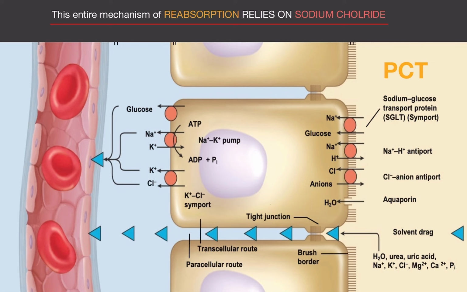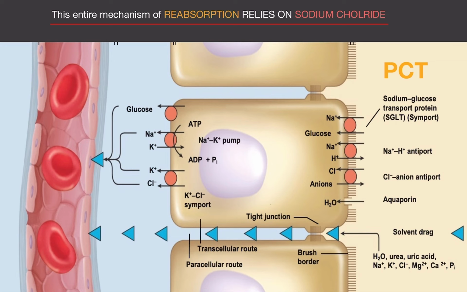Now, this looks very complicated, I know, but trust me, it's actually really easy. But what they do is basically break it down into steps. Now, the one thing I need you to know is that this entire mechanism of reabsorption, as well as the loop of Henle, which will be the next segment, and as well as the DCT and the collecting duct, which are the other parts of the nephron, is all due to sodium chloride.